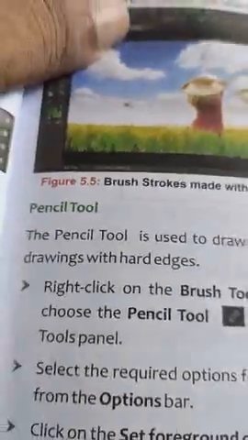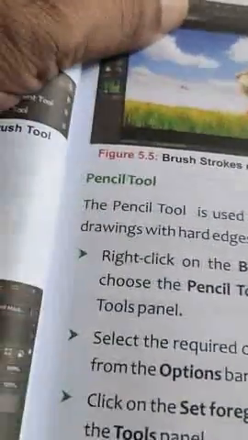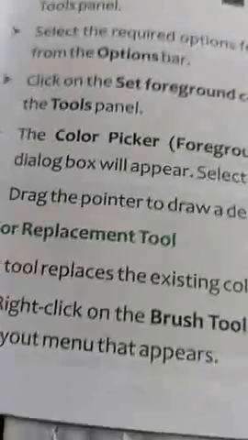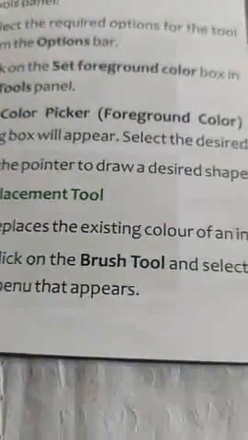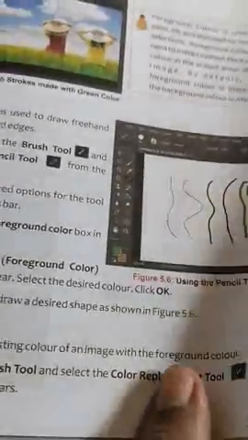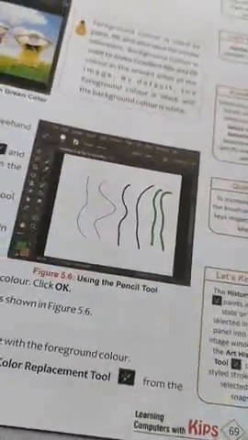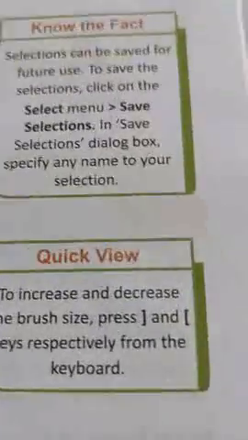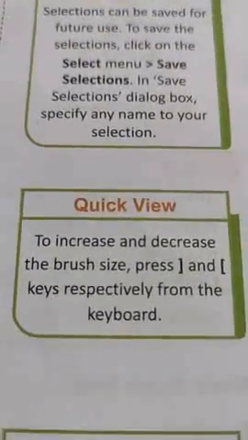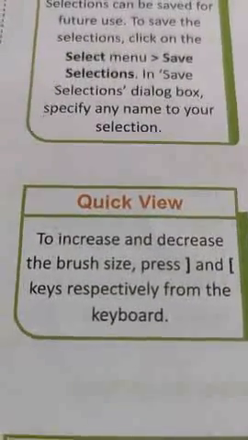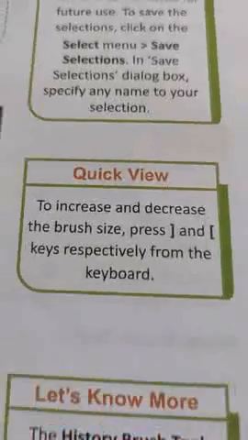And pencil tool is used to draw freehand drawing with a hard edge. And color replacement tool, this tool replaces the existing colors of an image with the foreground color. To increase and decrease the brush size, press the big bracket close and big bracket open keys from the keyboard.